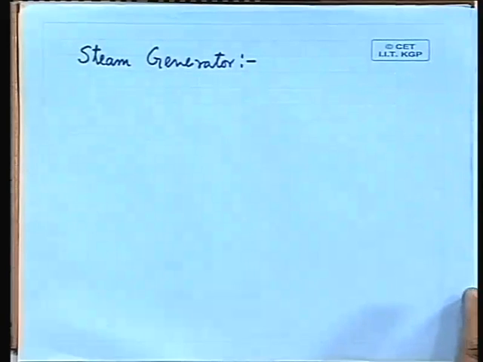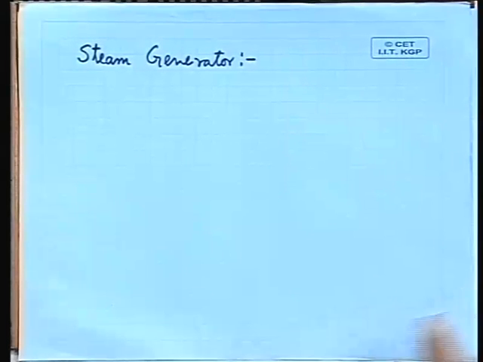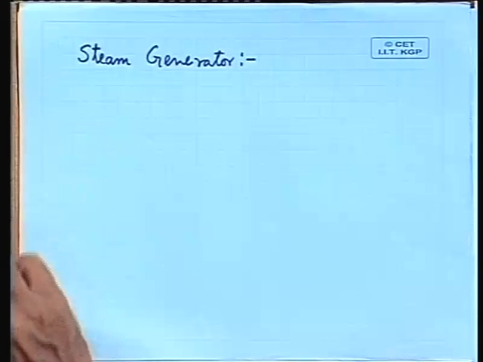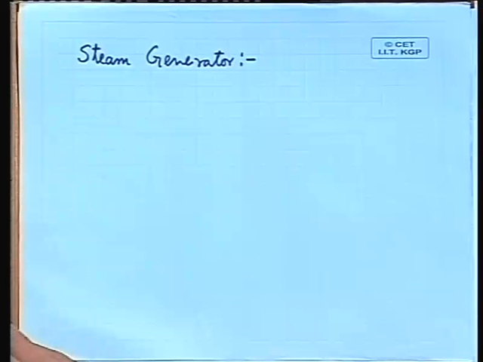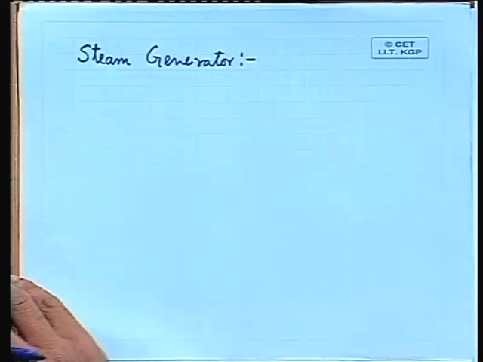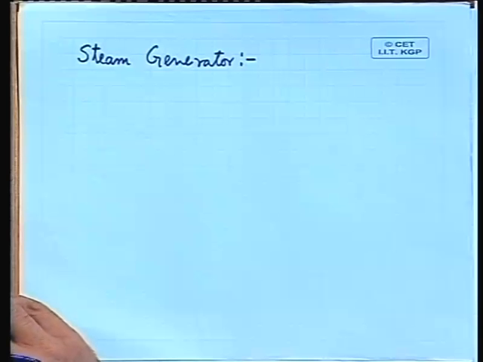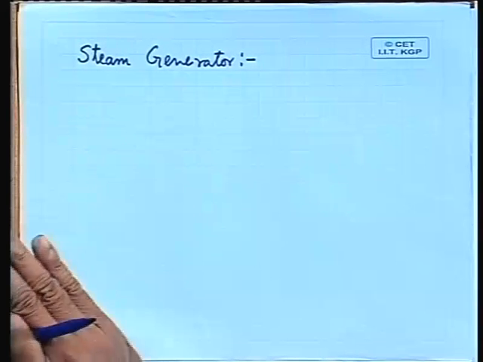Now, the steam generator is the device where, utilizing thermal energy, we generate steam for our further use safely, effectively and economically, so that we can get the steam at the required pressure and temperature. So, these are important.